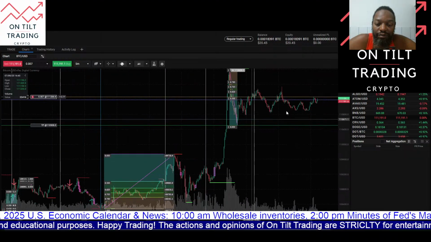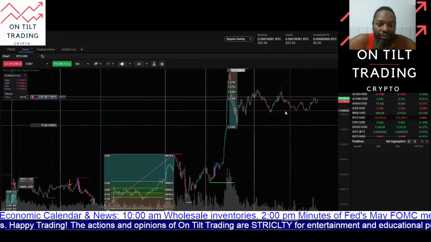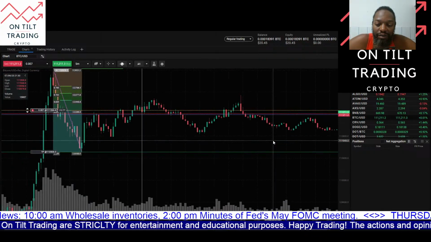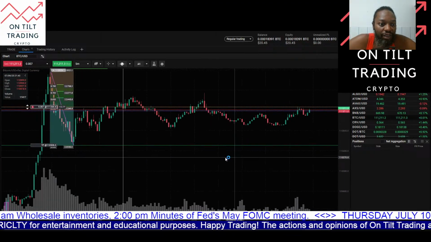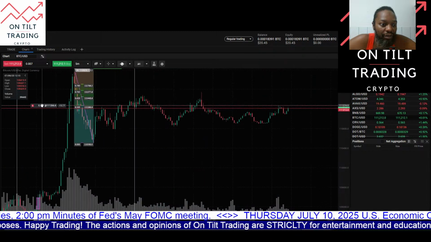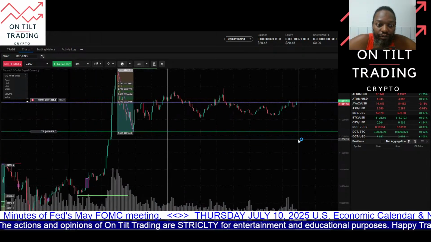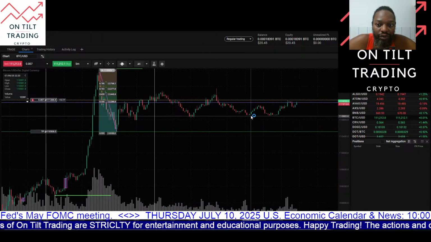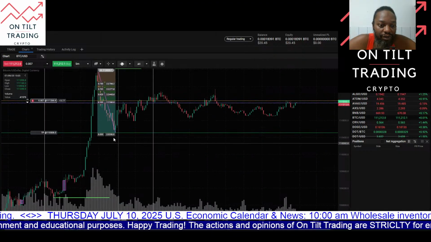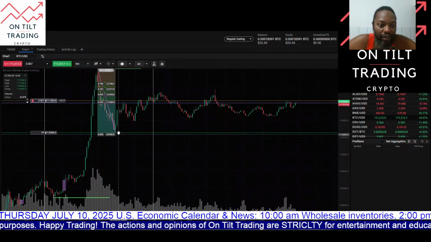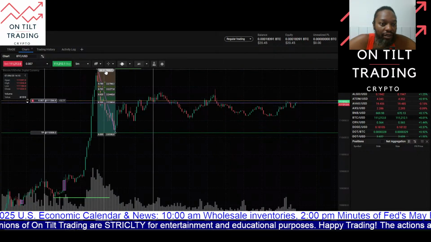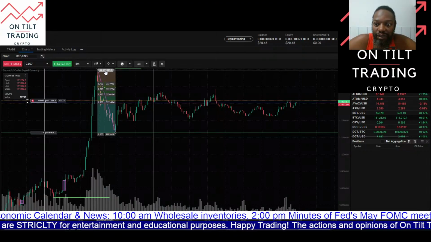Okay, it's not giving me a look at the stop loss, but the stop loss is back here. So this would be a 1-to-1 here. Entry here at the 50%, and then an exit down here at the 0. Stop loss, as I mentioned, up here, just above the all-time high here.